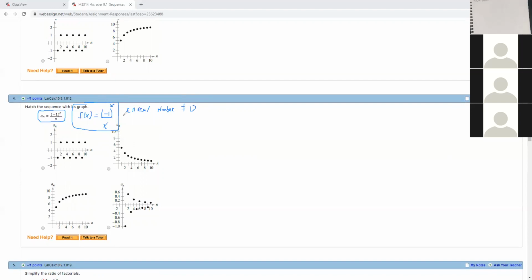But this would be a graph of all of this, and this is a graph when the domain is the set of positive integers only.